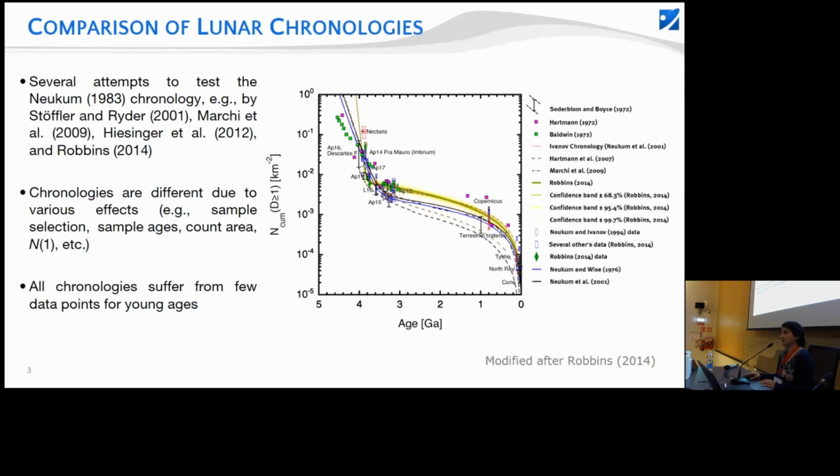However, we all agree that all chronology functions are suffering from lack of data points, and that depends on samples. And Carolyn will talk more about it in her talk.